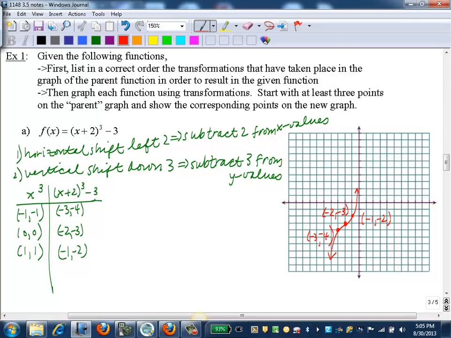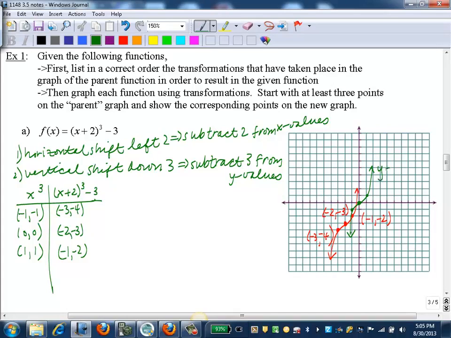Now, you don't have to plot the parent graph on the same axes here, but I think it's a nice visual. If you plot these original 3 points from our parent function, (-1, -1), (0, 0), and (1, 1), we know the general shape of that parent function.